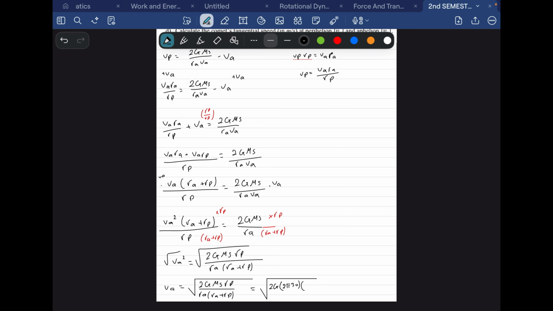Then the distance of the perigee is 6.1 times 10 to the 11 all over distance of apogee is 6.1 e to the 11 times, wait, the distance of perigee is 5.1 e to the 10.